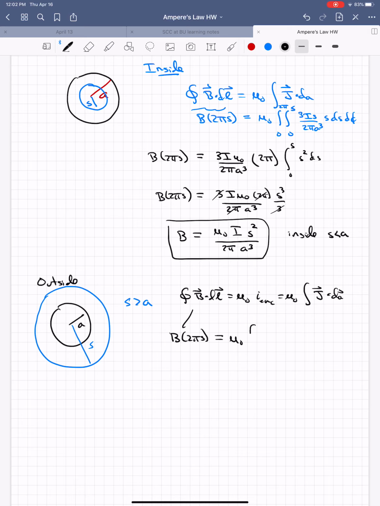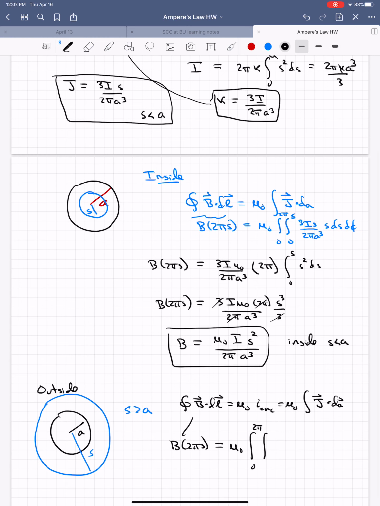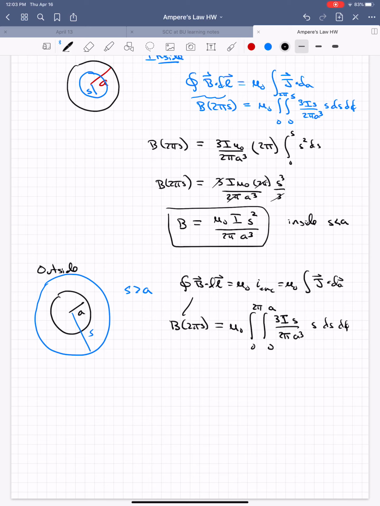But now on the right-hand side, my formula for J was 3I s over 2 pi a cubed, s ds d phi. For my s integral, I'm now going to integrate from 0 to a, because the wire stops at the radius of a, and if my Amperian loop is outside the wire, I only want to integrate out to the radius of the wire itself.